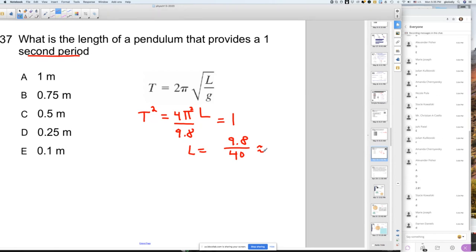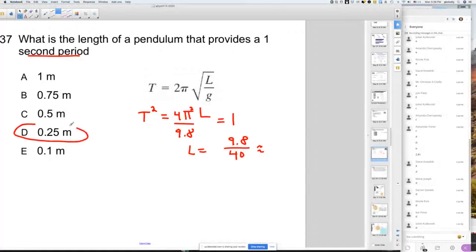About a quarter of a meter, 0.25 meters or 25 centimeters.